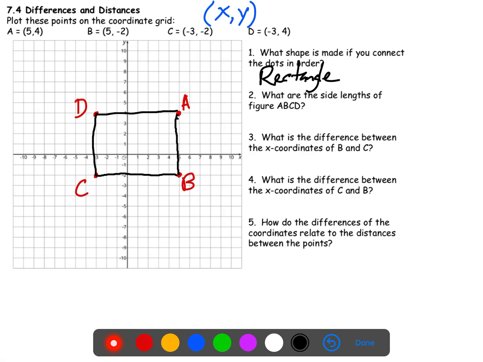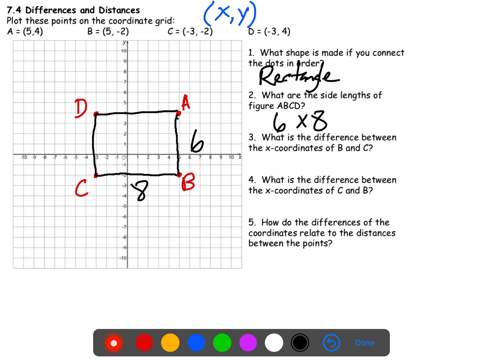Well, being a rectangle, we only have 2 different side lengths. And we can just count the grids. If we want to do that quickly, we've got 6 going vertically, and we've got 8 going horizontally. So 6 by 8 is the size of that rectangle.